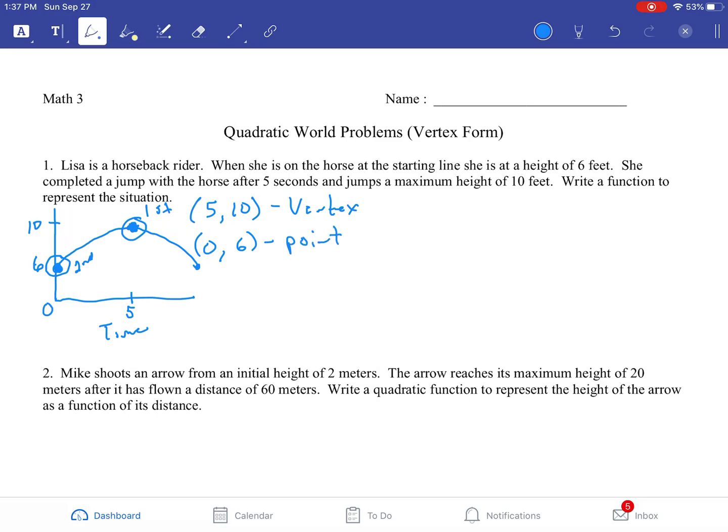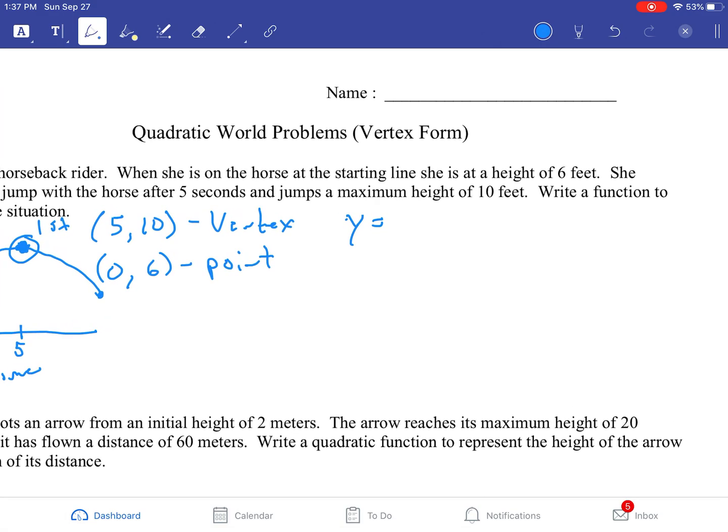All right, now that we have those 2 points, both the vertex and the regular point, we can write up an equation with that information. So as a reminder, we have y is equal to a(x minus h) squared plus k. So we take our vertex point, which is h comma k, and put in 5 and 10.